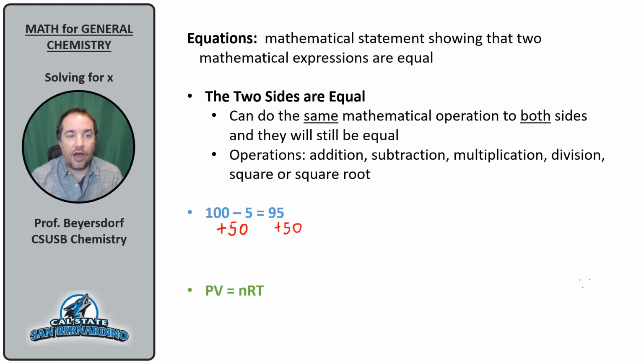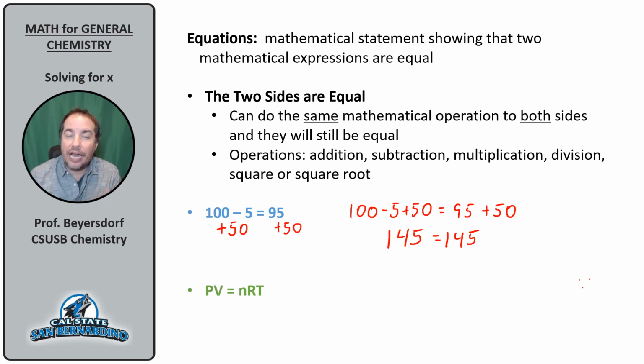Well, I'd have 100 minus 5 plus 50 equals 95 plus 50. Well, the left side, 100 minus 5 plus 50 would give me 145. And I'd have 145 on the right-hand side.